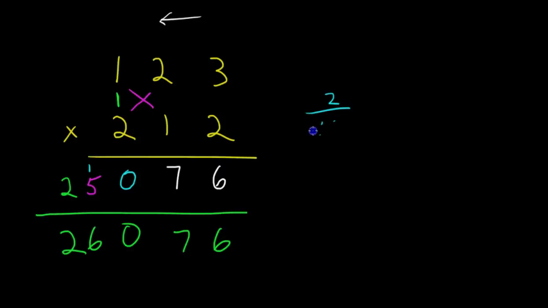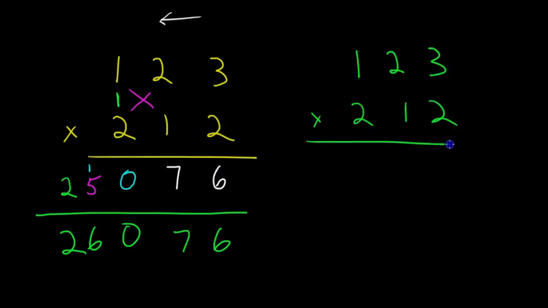Now, let's take a closer look and see exactly what we're doing here. And you can decide whether it's easier or more work or less work. If we take a look at the standard way, the way I learned it in ancient times, it would be 123 times 212, and I'd multiply.